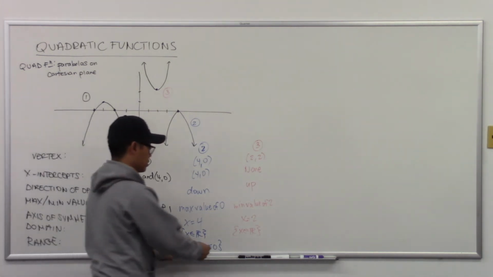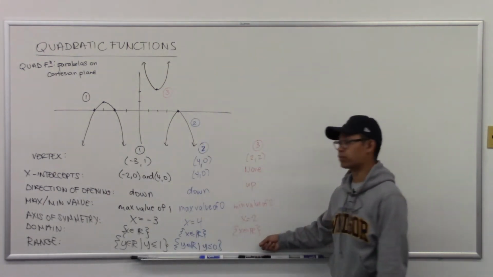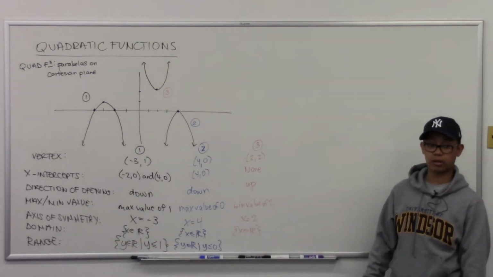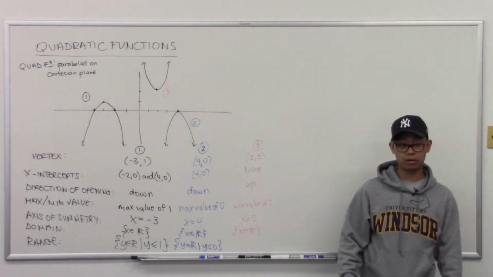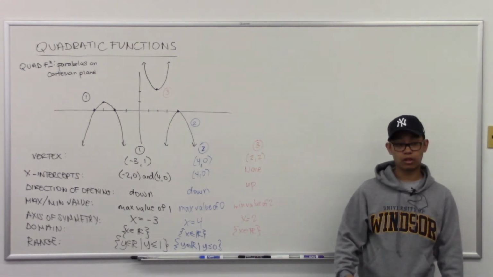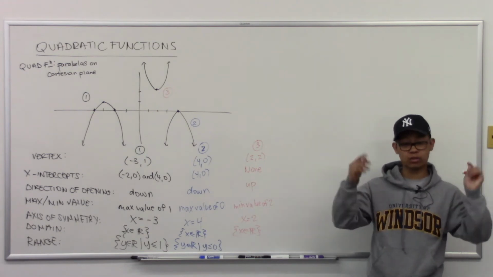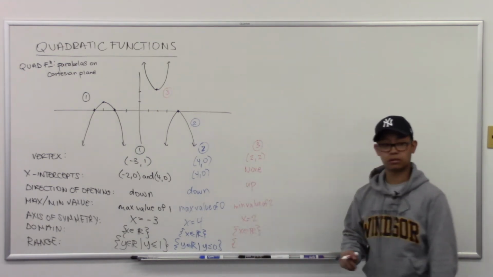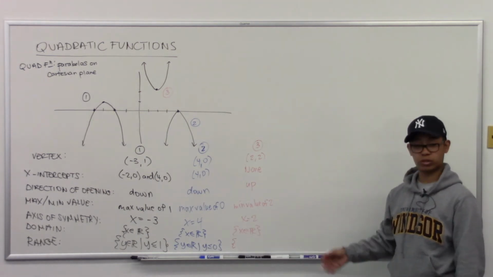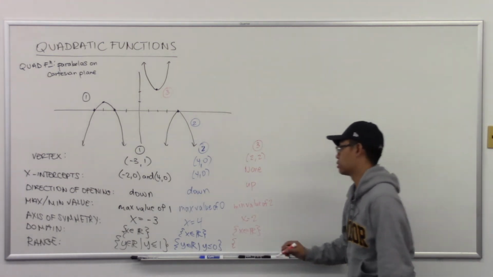Now, Katie, the range is going to be a little bit different here because it has a what? It has a min value, meaning that all the numbers are, yeah, they're above it. So what do you think the range will be? Well, what's the full thing you're going to write for me here?